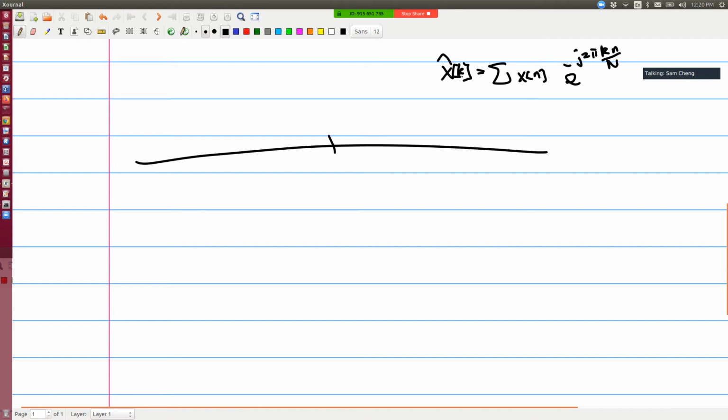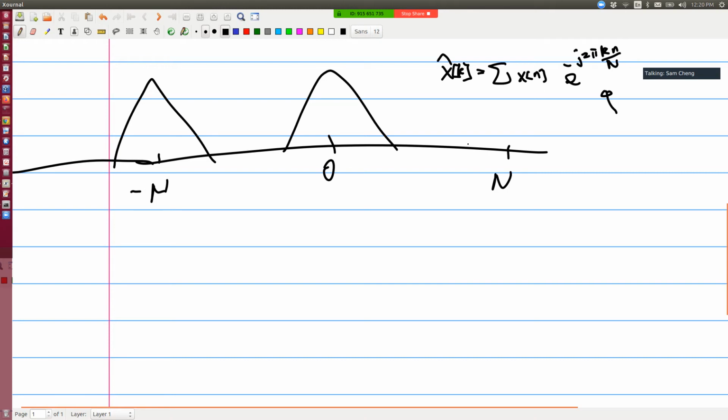This is for a 1D signal of length N, or you can think of the signal as repeating itself with period N. So the frequency band is also repeating every N samples.